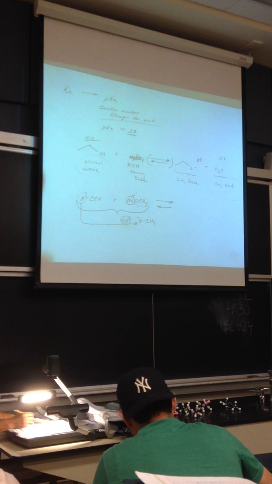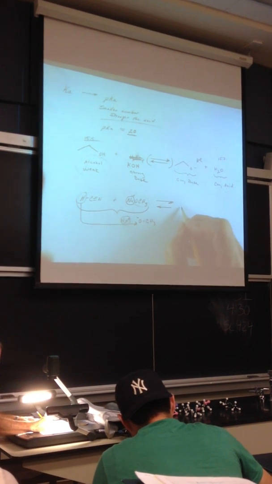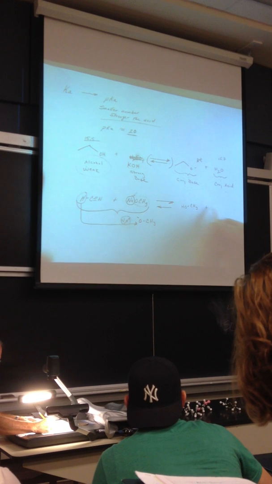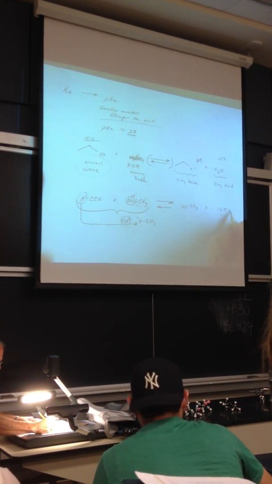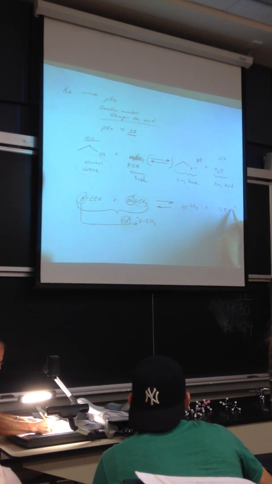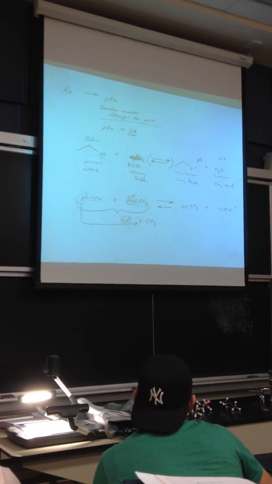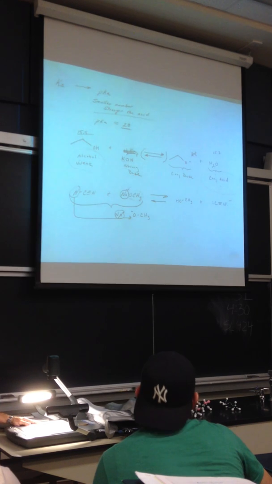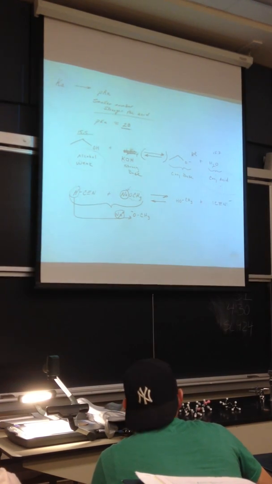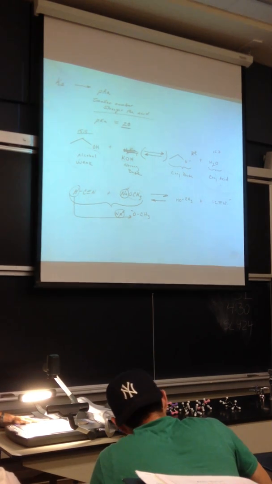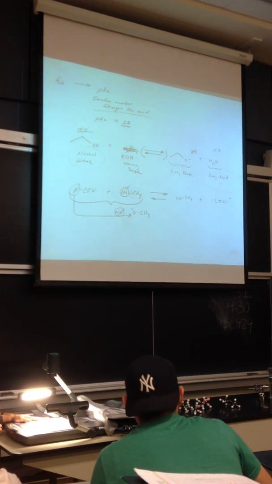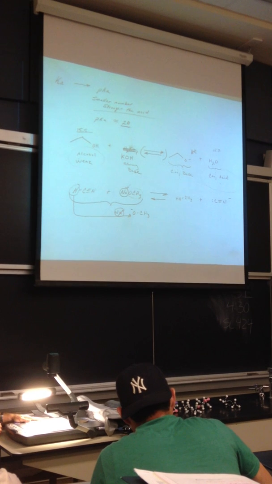So now I can write the product, which would be HOCH3 plus C-N minus, and there's also a pair of electrons on here. Now I look at this and ask, to which side does the equilibrium lie, or is this another one of those that's fairly equal?